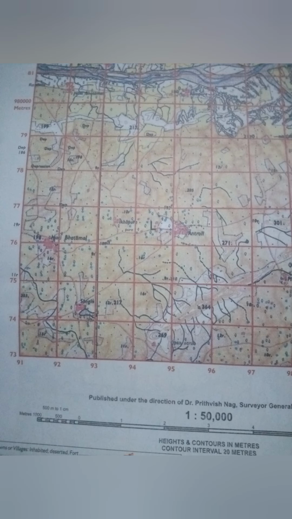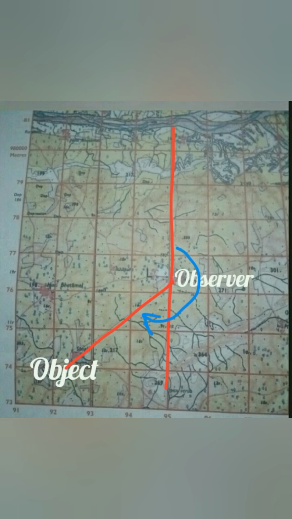Now another example: the observer's position is Anthroli and the object's position is Sangla. From Anthroli we draw a line to connect Sangla, and at Anthroli the north-south line. Now the measurement, the angular distance, will be more than 180.